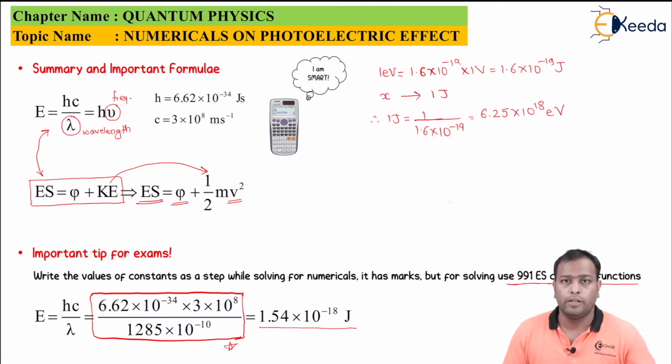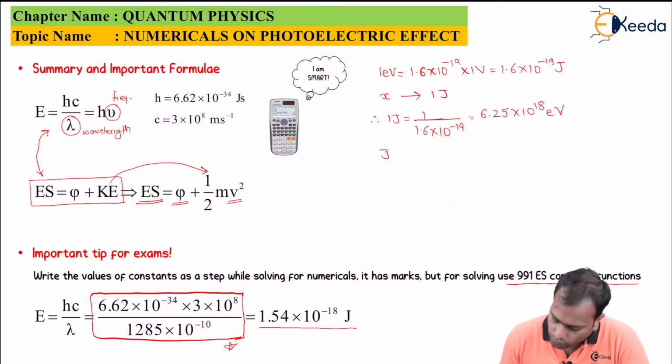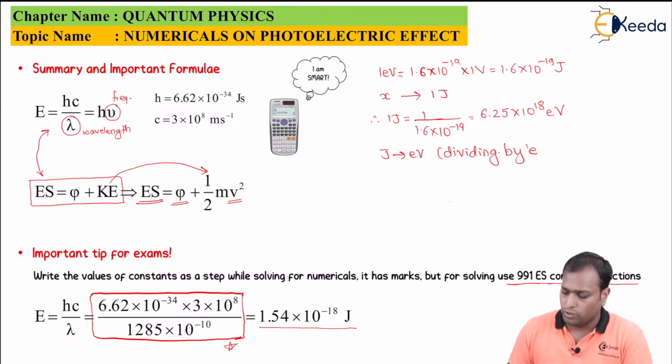So wherever you are asked to convert joule to electron volt, you will be dividing by e. And on the other hand, when you are asked to convert electron volts to joules, you will be multiplying with e.